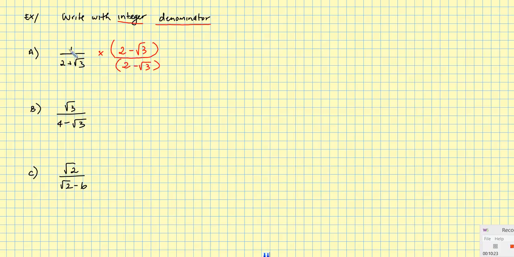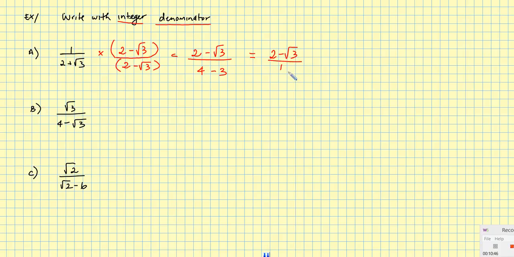Okay? So I will do 1 times 2 is 2, and 1 times negative root 3 is negative root 3. And then we will have here a difference of squares that's created, so that we will have 4 minus 3. And that gives us 2 minus root 3 all over 1.